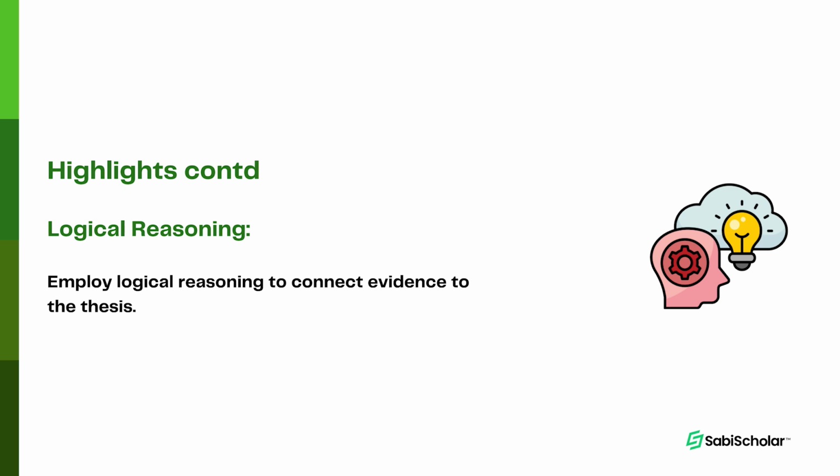You have to make sure that your argument is standard, in the sense that the core of your argument should be logic. Okay, you don't give illogical arguments, illogical reasons just to have something to say about your argumentative essay.